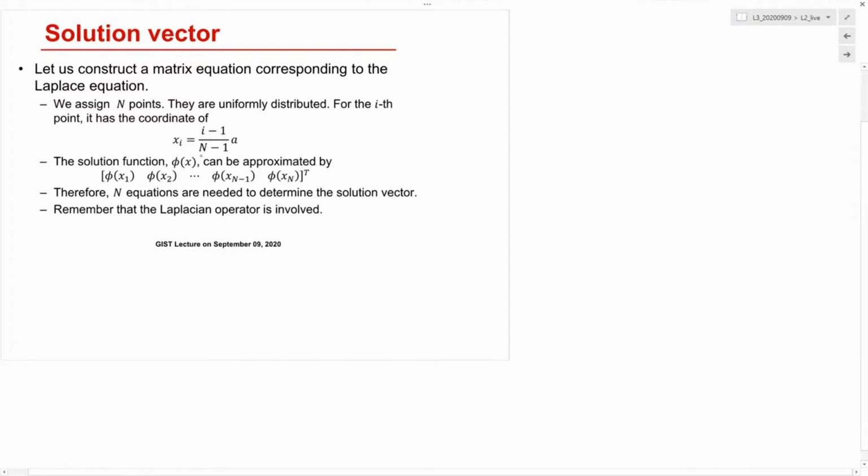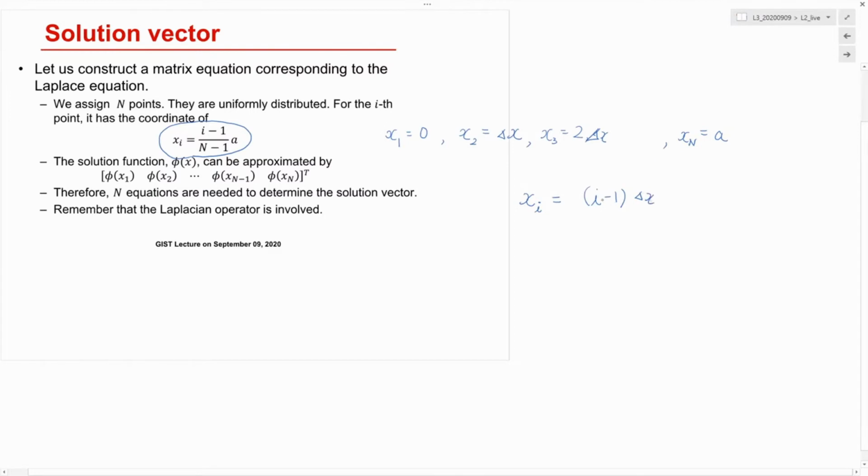So we will assume there are uniformly distributed positions here. So positions starting from x1, which is 0, and xn, which is given by a, and they are uniformly distributed. So for example, x2 becomes just delta x, x3 is 2 times delta x, and if you have xi, then it is i minus 1 times delta x.